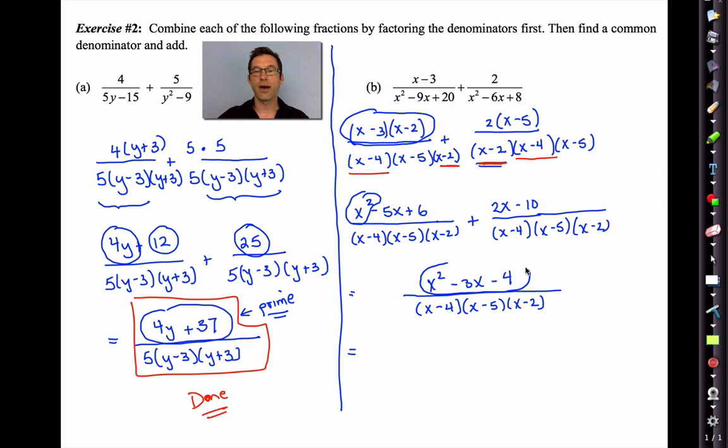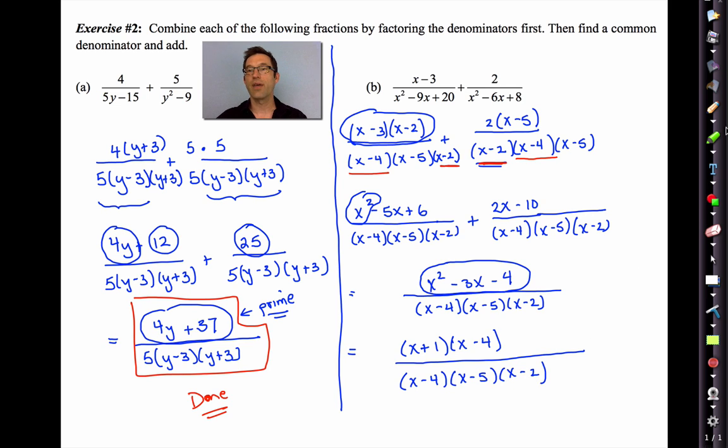And we can simplify because this can be factored. It would be factored as x plus 1 times x minus 4 divided by x minus 4, x minus 5, and x minus 2.